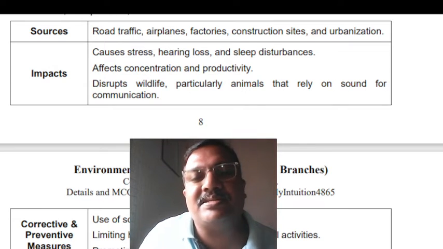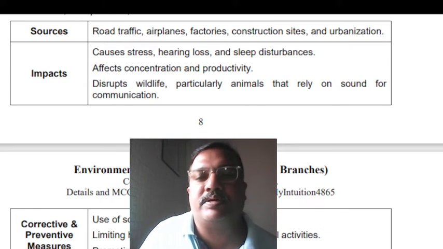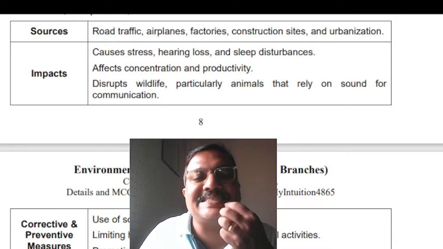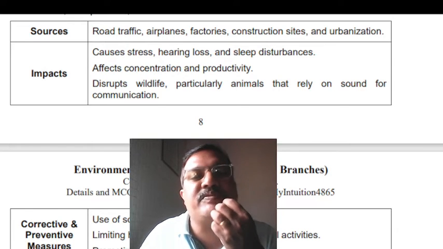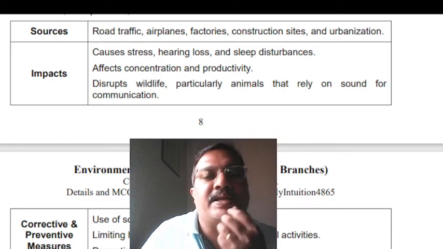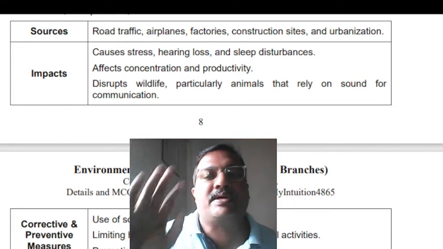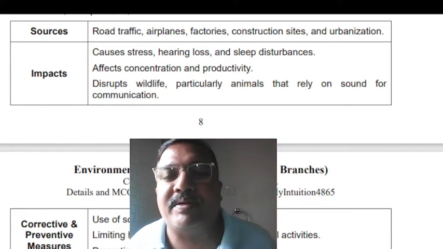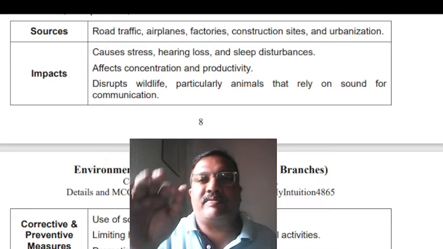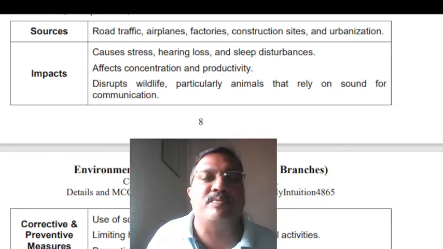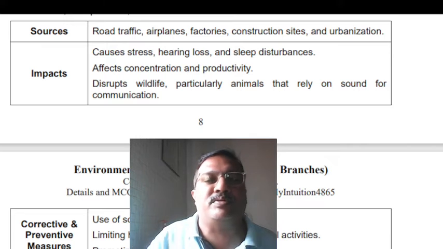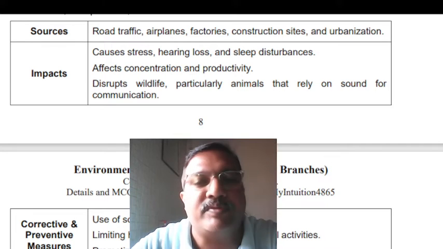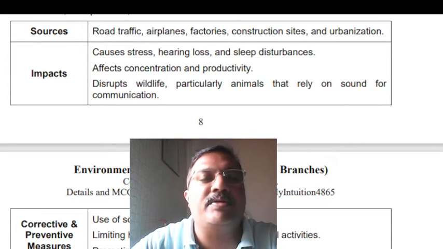In cities, it is continuous movement of vehicles. The honking and the traffic jam make the problem worse, because one feels that if they horn, the next vehicle will automatically move, but it will not happen. If the traffic is clear, then only it can move. So continuous honking is of no use, but people have the habit of doing that. That creates noise pollution.